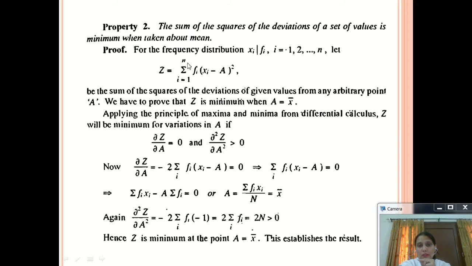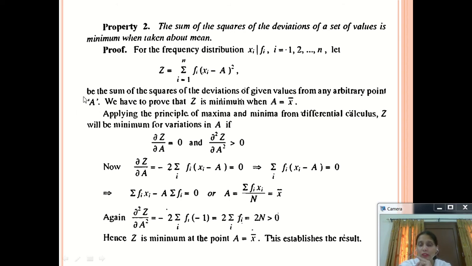Suppose a frequency distribution, xi is the variable, fi is the frequency. Let the sum of squares of deviations be z. Deviation is xi minus a, we know di is equal to xi minus a. Square of this value, xi minus a whole square, into fi. This is the sum of squares of deviations of the given values from any arbitrary point.